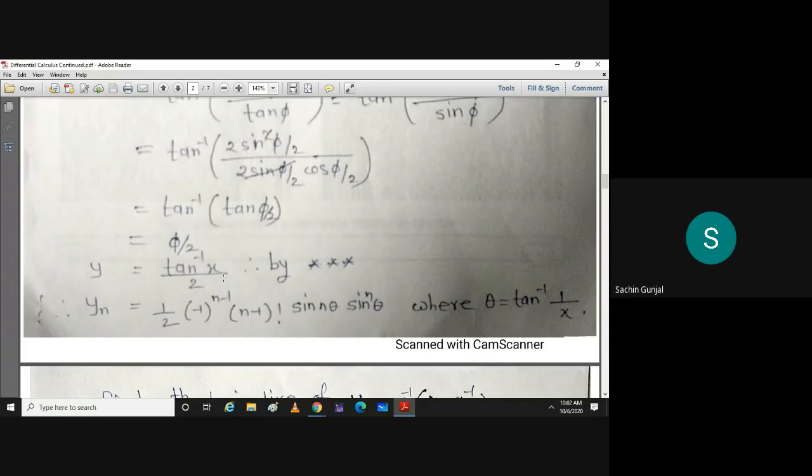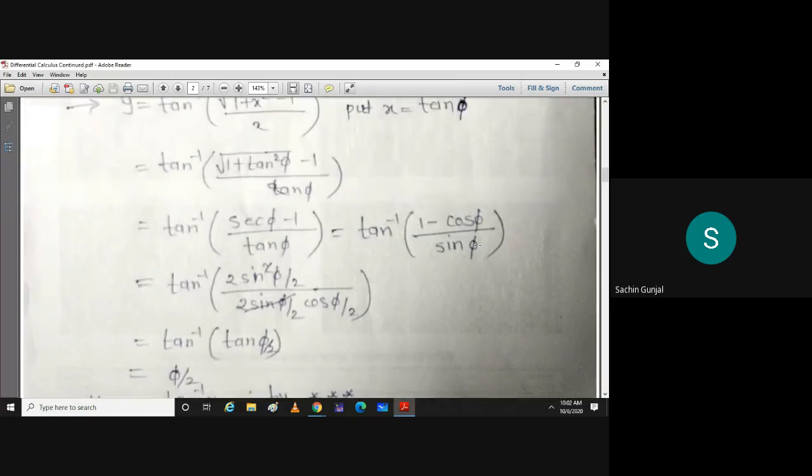Here a is 1, so upon 1 raised to n, that becomes 1, where theta is tan inverse a by x. A is 1, so tan inverse 1 by x. Okay, so is that clear that I have not used theta here?